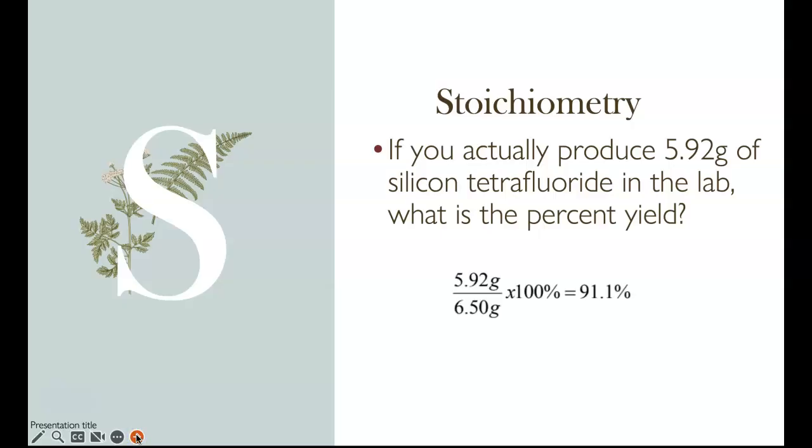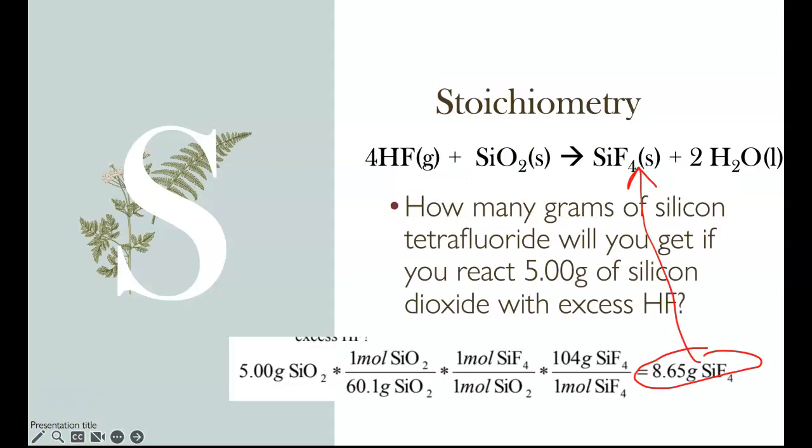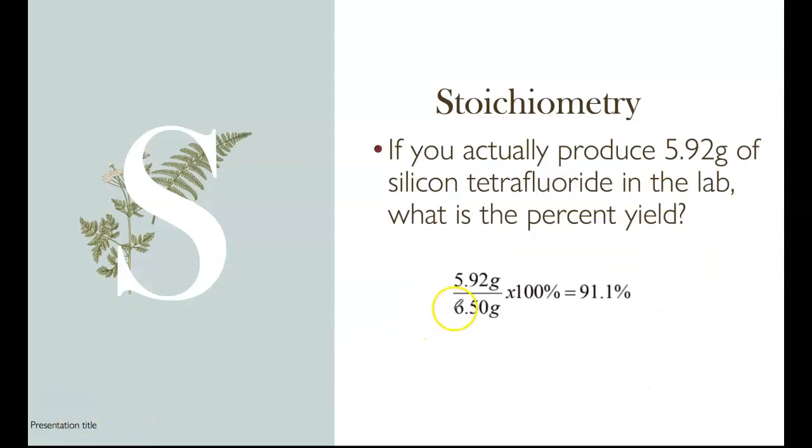All right, how did you do? Hold on, I've got a mistake here. Because that should be 8.65 grams. I must have clipped the wrong thing from my paper. So this should be 8.65 grams. And that's what I was doing, clipping them from paper.